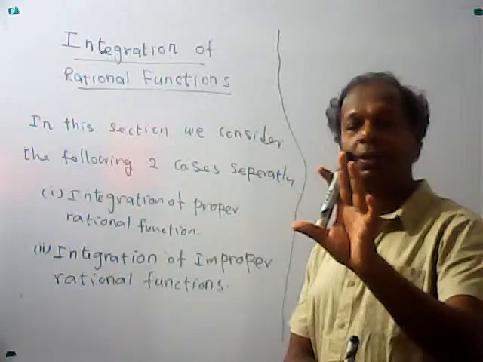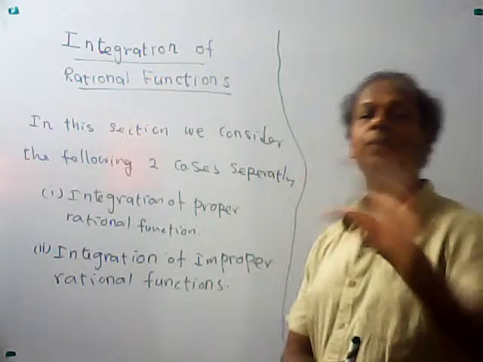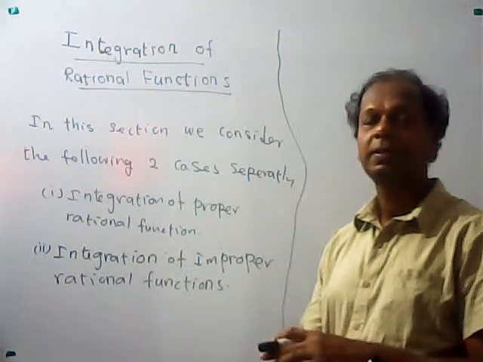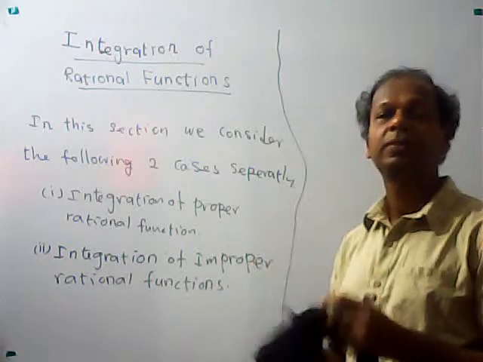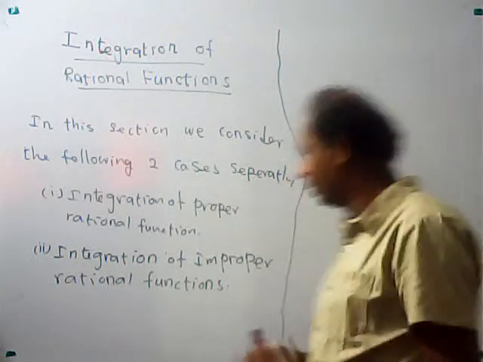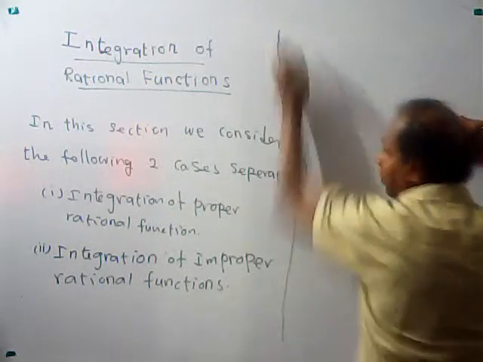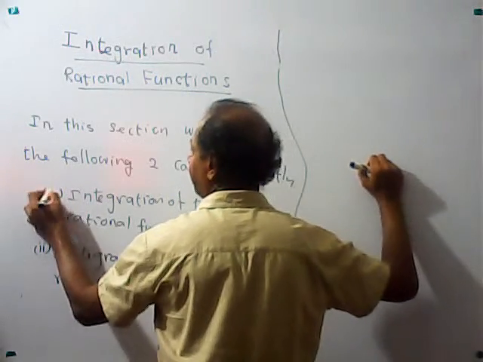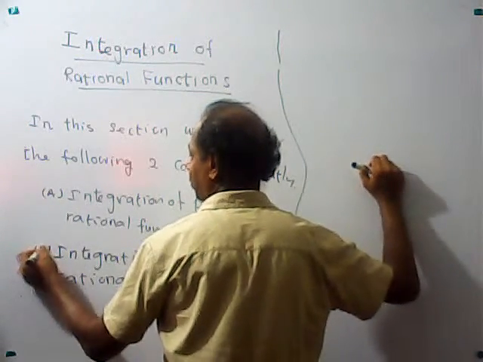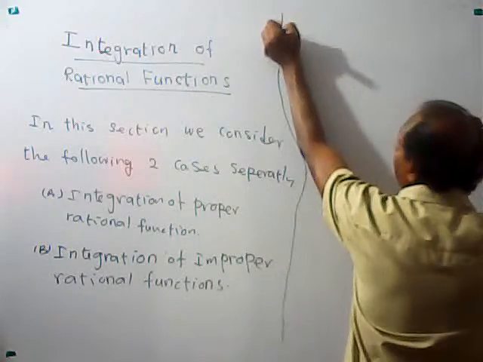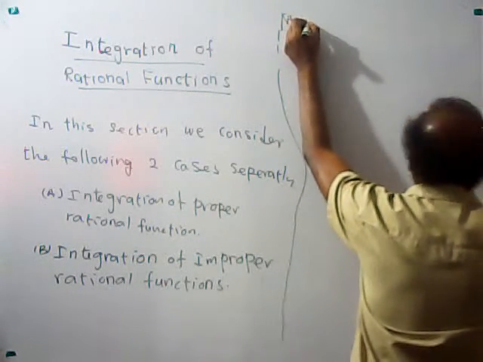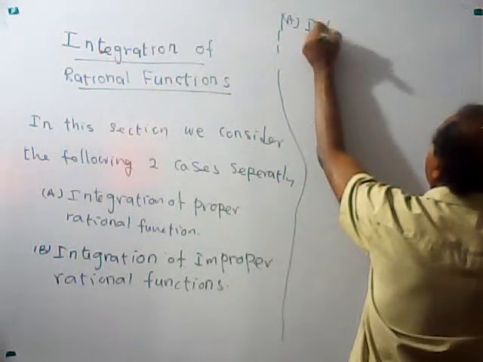If that also fails, you can go to another one, right? Likewise, we have a procedure because there is no single method. Okay, we start with this. Shall I name them A and B? We start with A, integration of proper rational functions.